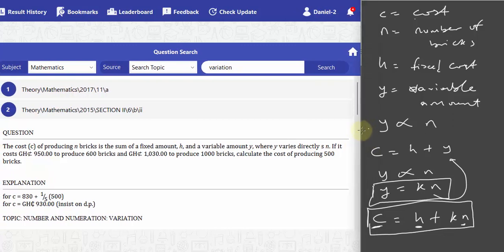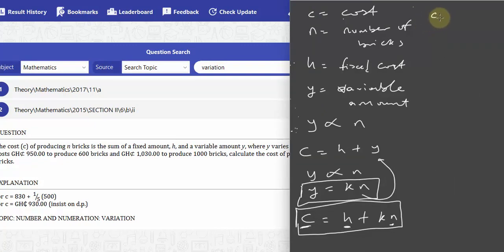So this is actually a partial variation, but the partial variation is turned around in such a way that we were given the sum, and then the part that varies is given as separate information that we combine. So let's solve for the cost of producing 500 bricks given the other information that we know. Let's write out the other information that we know, then we solve. We know the first cost, which is C1.